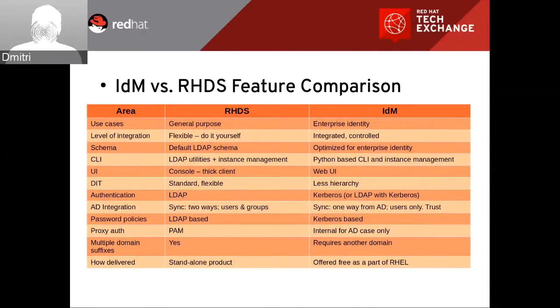AD integration with the directory server: you can synchronize users and groups both ways from Active Directory to directory server and back. While with IdM, you can synchronize only one way from Active Directory to IdM and only users. But in RHEL 7 that shipped today, we have a full support of cross-realm Kerberos trusts, and we'll talk about what that means.